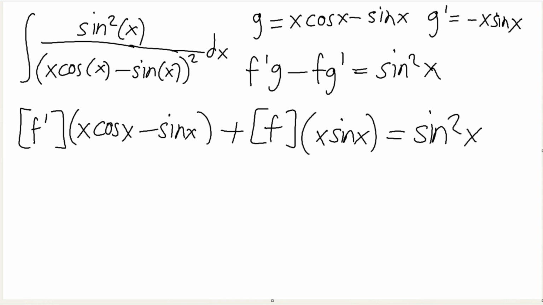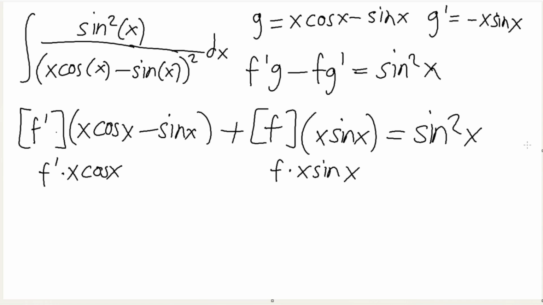And then, huh. Let's see. How can we, there has to be some cancellation here. Right. There has to be some sort of cancellation here. Notice that we have f prime of x cosine of x, and we have f of x sine of x here.